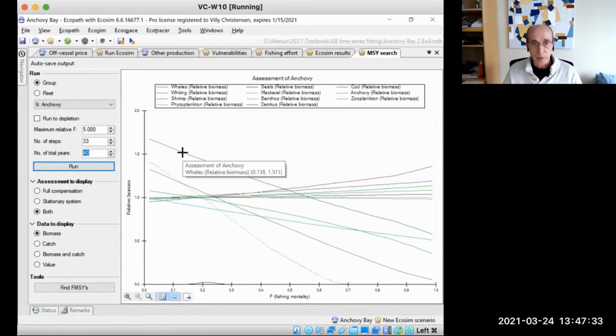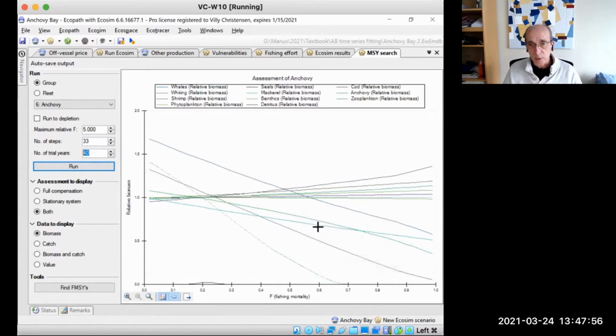Now that's for whales, they're being impacted too. And then we have some other groups that are increasing here. One is cod, another would be shrimp. So they are increasing. Well, that's because of an impact on another species.